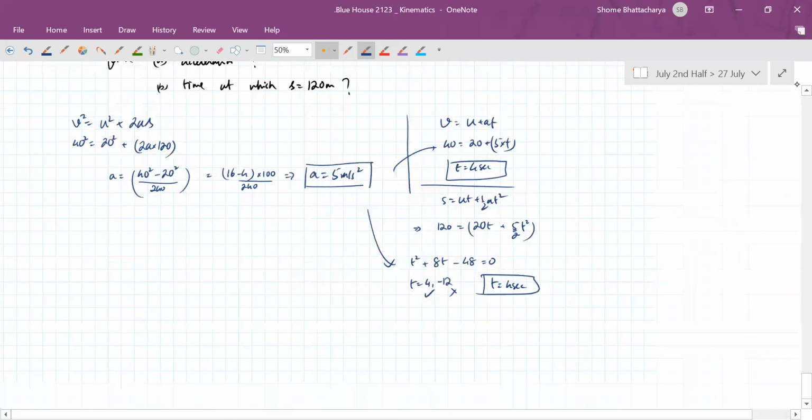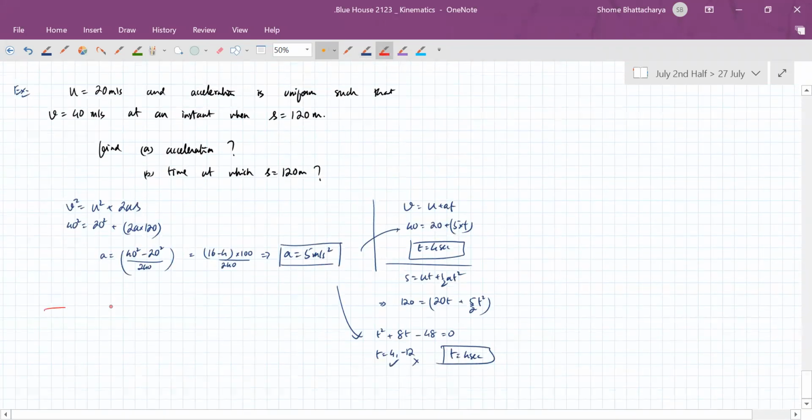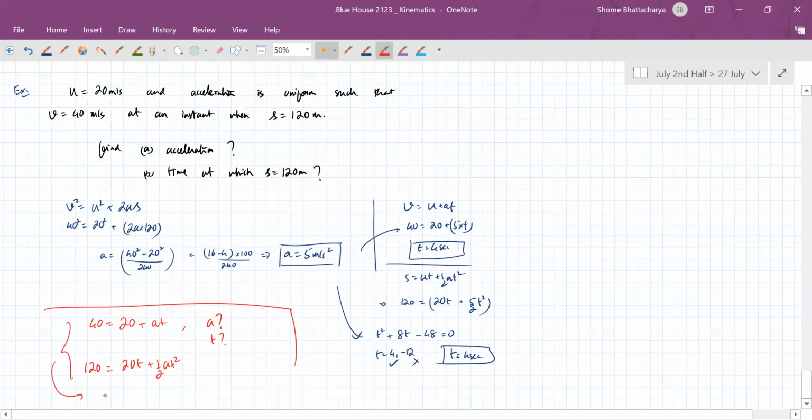Alternately, we could have also started the question this way: 40 is equal to 20 plus a t, where a is unknown and t is also unknown, and 120 is equal to 20t plus half a t square. And then solve these two equations. That would have been a bit of a lengthy method.